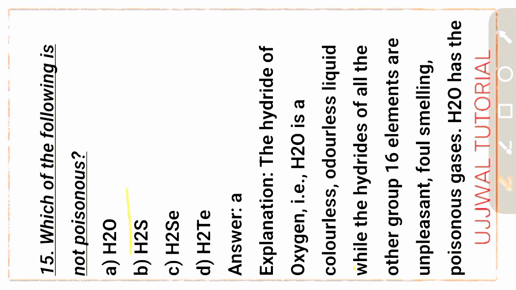Explanation: the hydride of oxygen, that is H2O, is a colorless, odorless liquid, while the hydrides of all the other group 16 elements are unpleasant, foul smelling, poisonous gases.